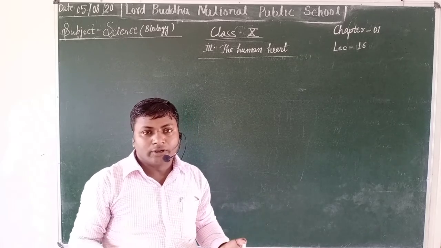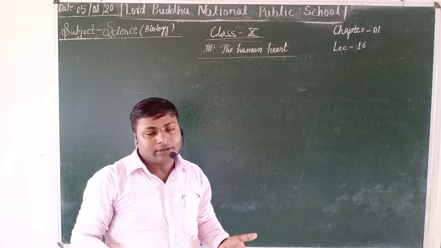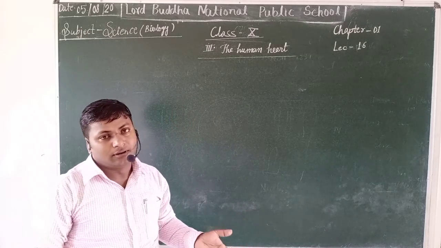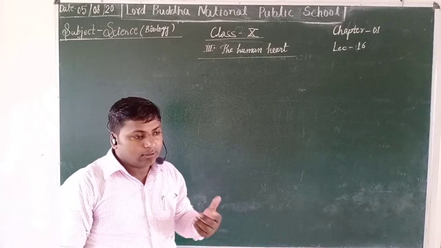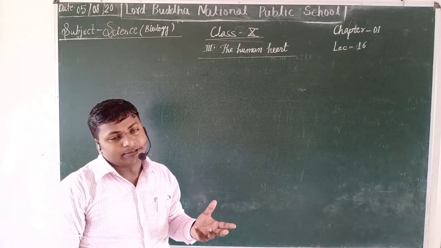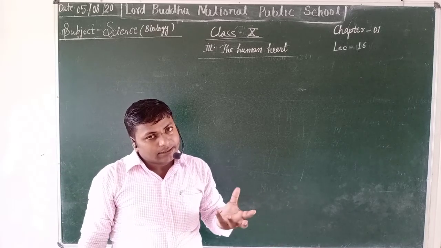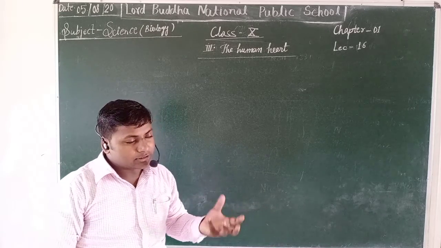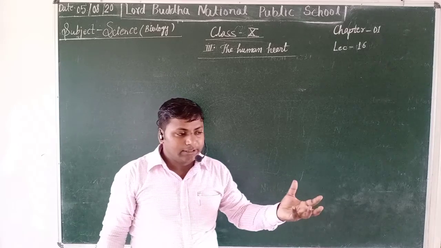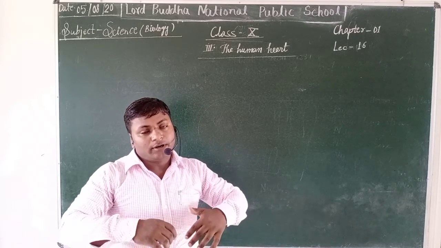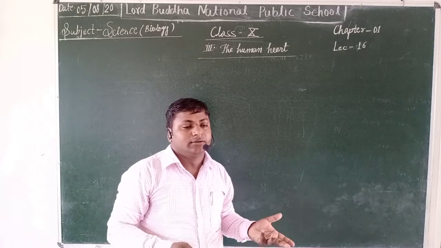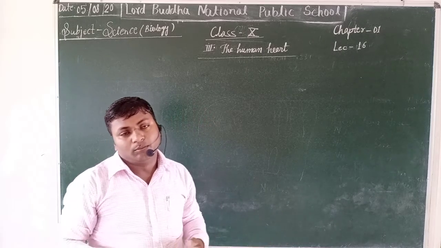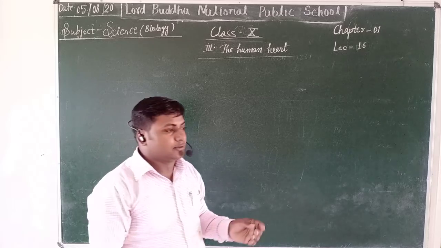It is also known as the pumping organ or pump set of our body, because it not only helps in collection of the blood from the whole body, but it also pumps it to all parts of the body.